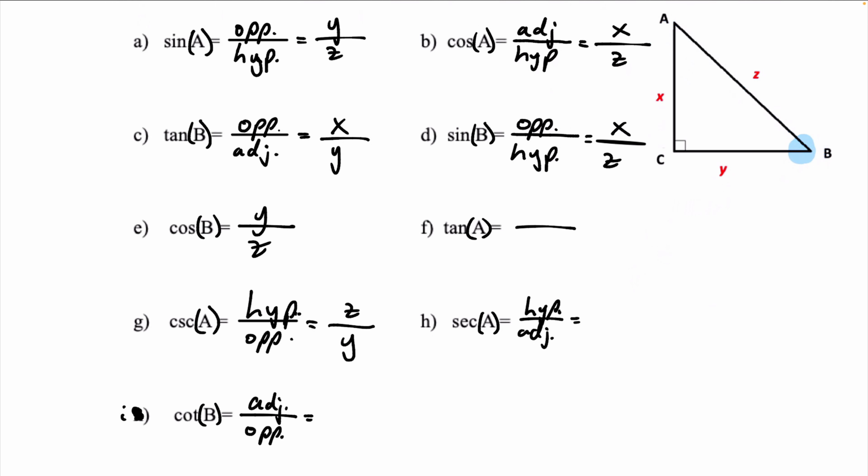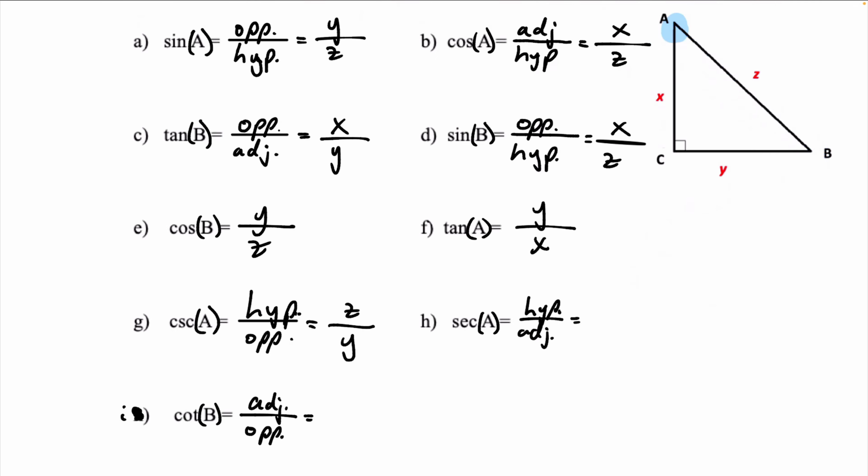So I'm switching back now. I'm switching back to A. Opposite is Y, adjacent is X. So Y over X. H, secant of A, hypotenuse over adjacent.